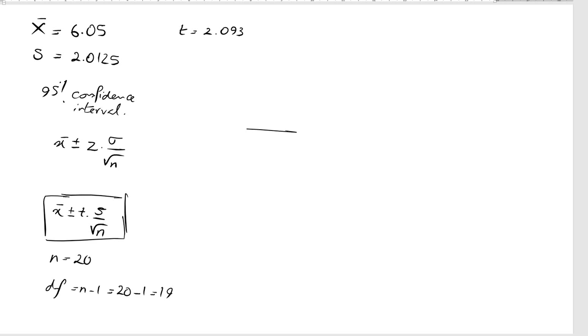So if I draw the distribution, it's a t distribution. That's a 95% confidence level. This is minus 2.093. This is 2.093. So I'm after these boundaries.